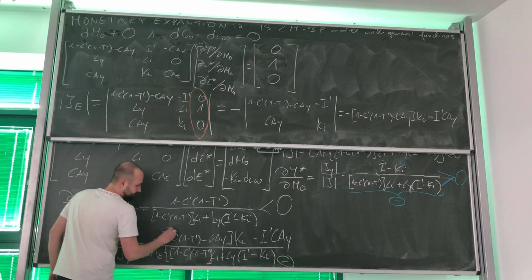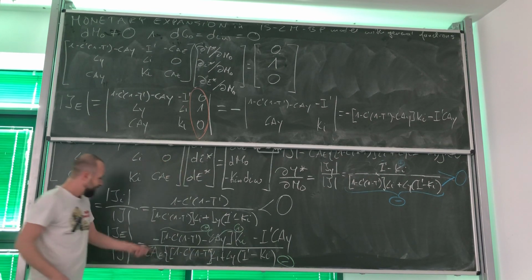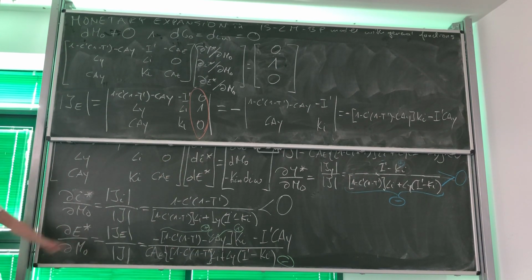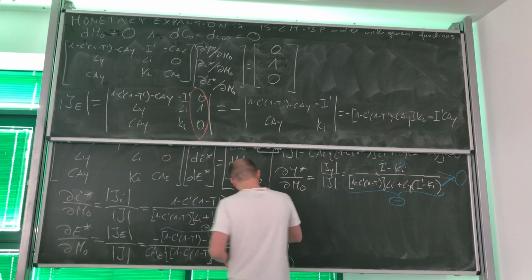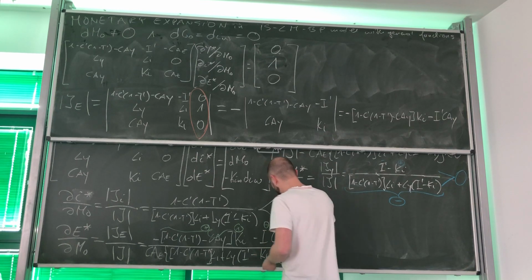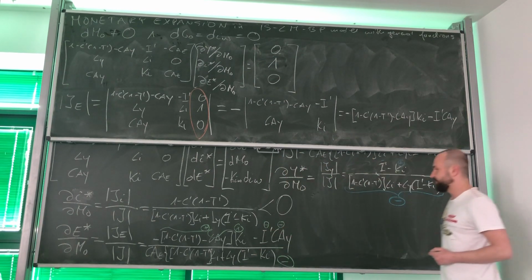Well, this part is positive. This part is positive, but it gets minus up front, right? So this expression is negative. Here we see that this is negative, this is negative. Multiplied by each other give you something positive, but it gets minus up front.